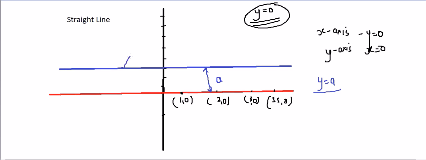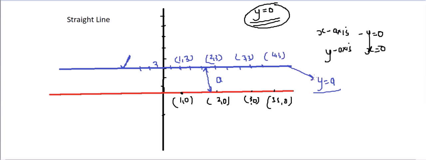Because if I talk about this one, at every point x is changing but y remains same. Suppose y is 3 here. So if I take any coordinate on this point, 1, 3, 2, 3, 3, 3, 4, 3, you can clearly see x is changing but y remains constant. So the equation of such line is y equals a.